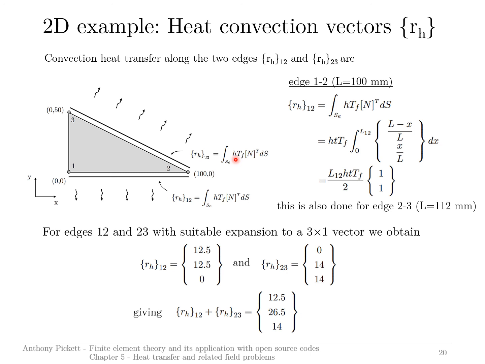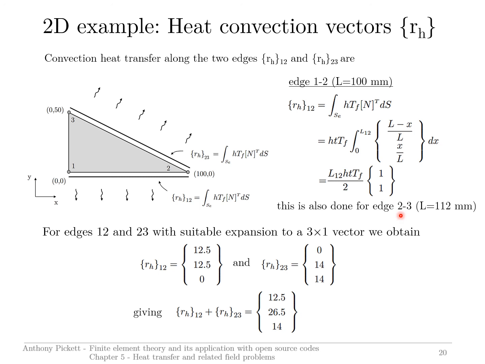It's very similar to the previous operations, except now we only have N, the shape function, appearing once, and in effect this operation is going to provide us with nodal values here and here for this surface convection, and this would be the values at the nodes for 1 and 2.